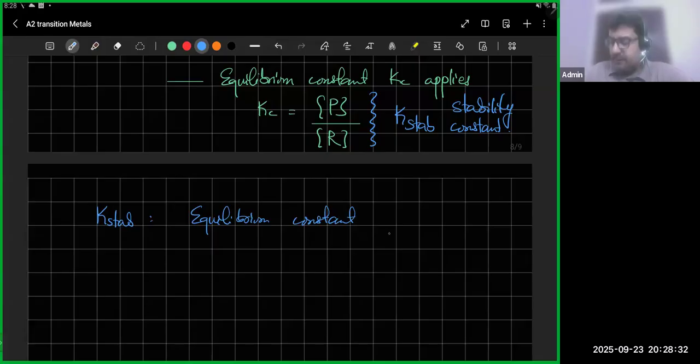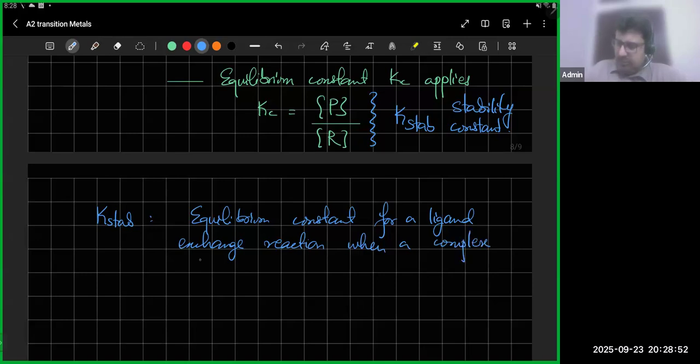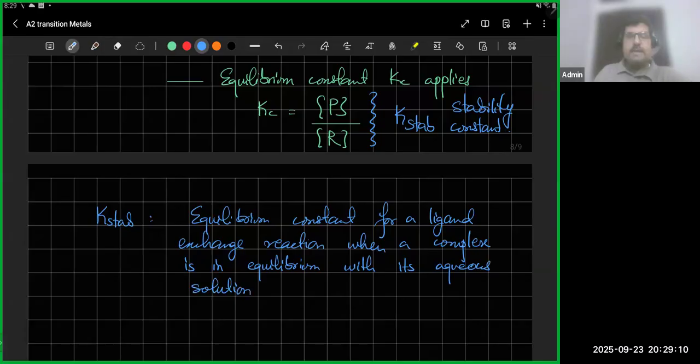So it's an equilibrium constant for a ligand exchange reaction when a complex is in equilibrium with its aqueous solution. So there's a limitation that the complex has to be in equilibrium with its aqueous solution.